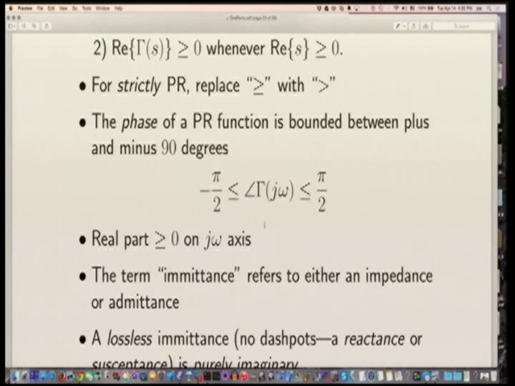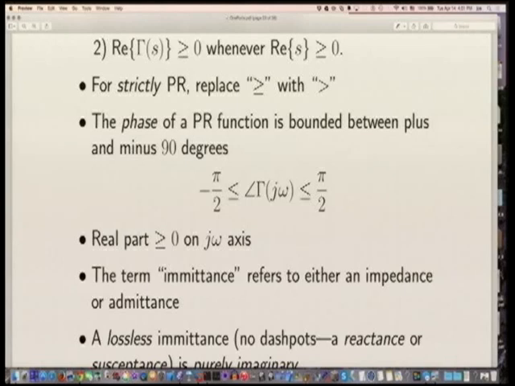And one thing you can say is that when the phase is at minus 90 degrees, the admittance looks like a mass, right? Because a mass has impedance ms, admittance 1 over ms, so that's a minus 90 degrees phase. So whenever the admittance goes to minus pi over 2, you say it's acting like a mass, and when it goes to plus pi over 2, it's acting like a spring.